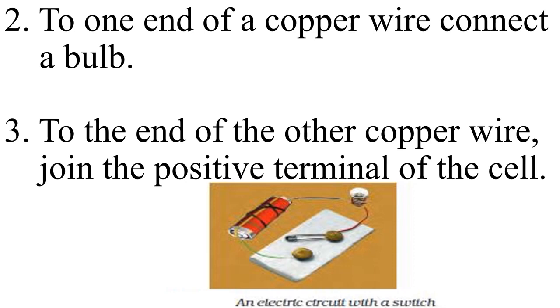Students, if you look carefully here in this diagram, we have already fixed 2 drawing pins and 1 big safety pin. Now, as per step number 2, we have connected one end of this copper wire with the bulb and with a cell.